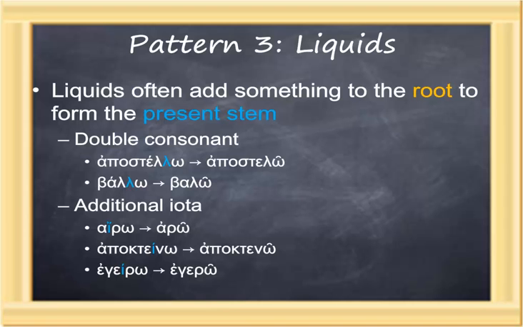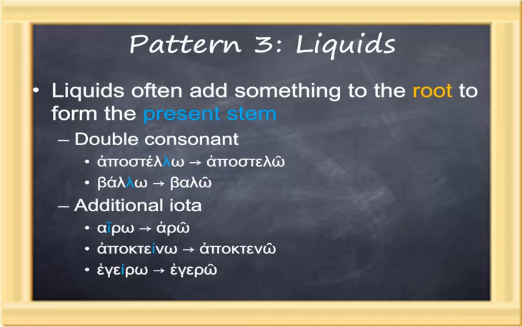Another thing that often occurs with liquids, when the root moves to the present, the same root that's used to form the future, is the addition of an iota. So the root of airo is ar. You can see it clearly behind the future indicative, aro, but the present adds an iota, airo. Apokteino, apokteno, notice the extra iota in the present.